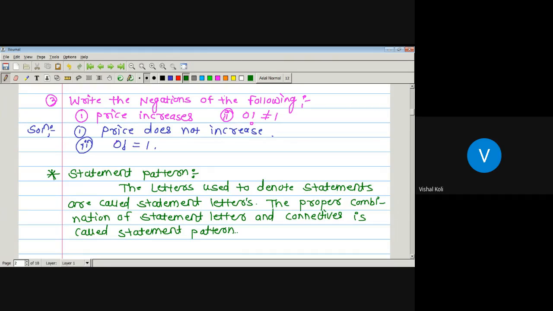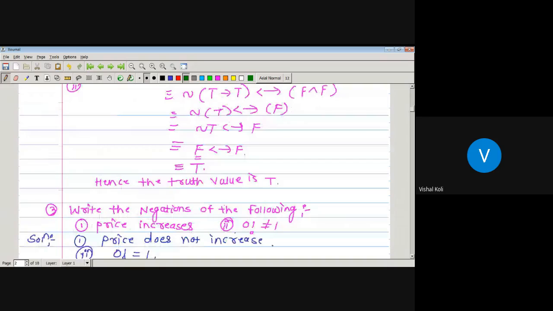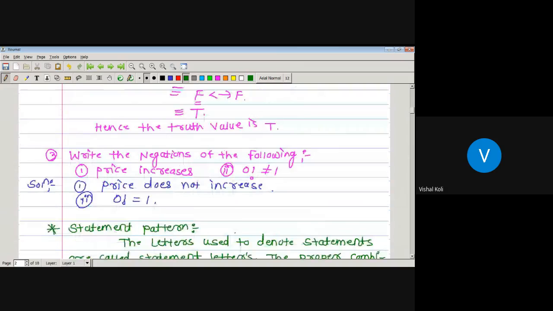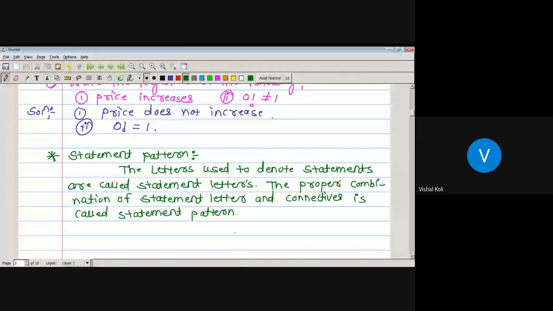So what is a statement pattern? First we have to define the statement letters. Statement letters are nothing but the letters which are used to denote the statements. For example, if we have a statement, the school is open or there is a holiday, the symbols used to denote those statements are P and Q. Such symbols P and Q are called the statement letters, and the combination of statement letters and connectives is called the statement pattern.